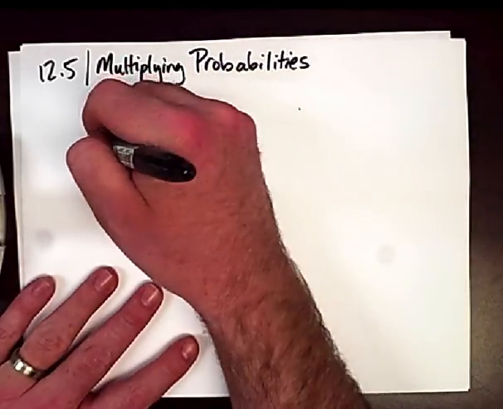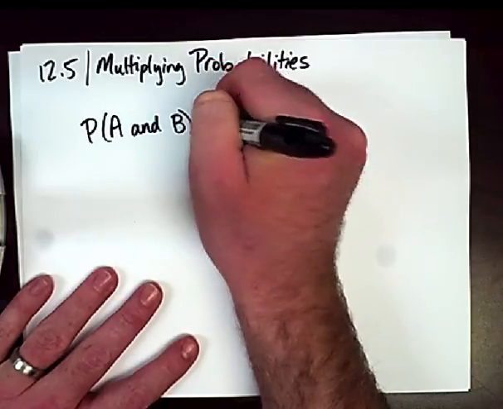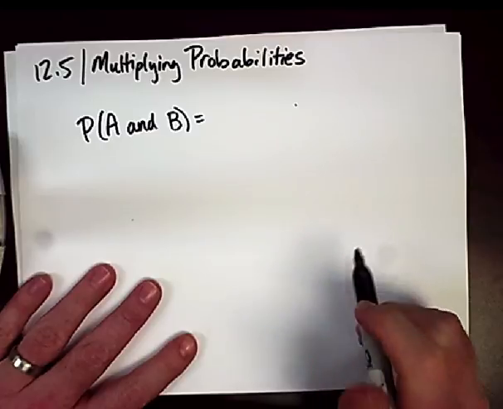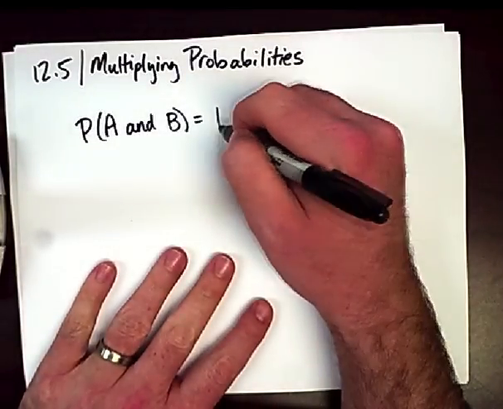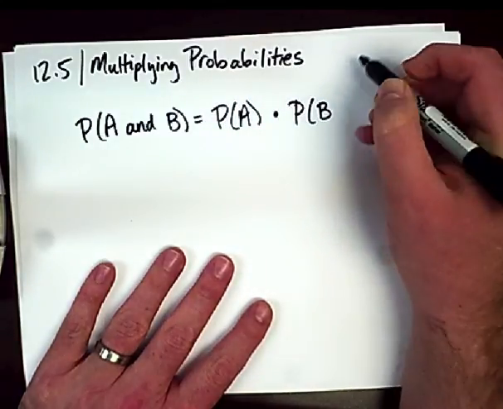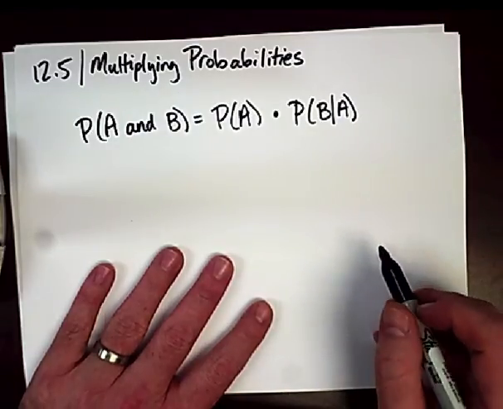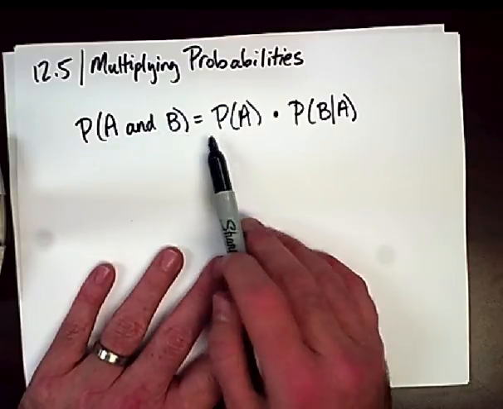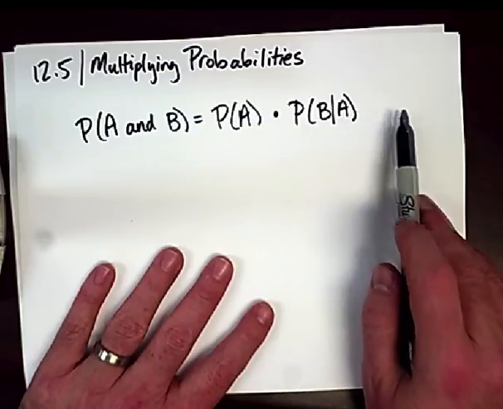If you want the probability that A and B happen, so one event and another event, well, it is defined as the probability that A happens times the probability that B happens if A has already happened.